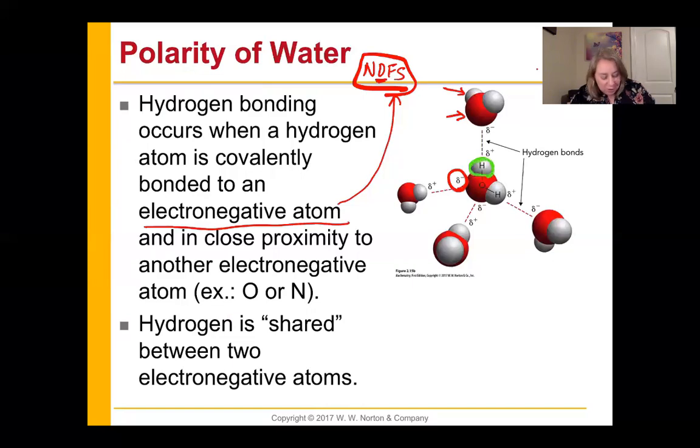This hydrogen is basically shared between this electronegative oxygen right here and this one right here. So those two oxygens sort of share that hydrogen. It's not really a sharing because it's not really covalent. It's more of an electrostatic interaction, but you know.